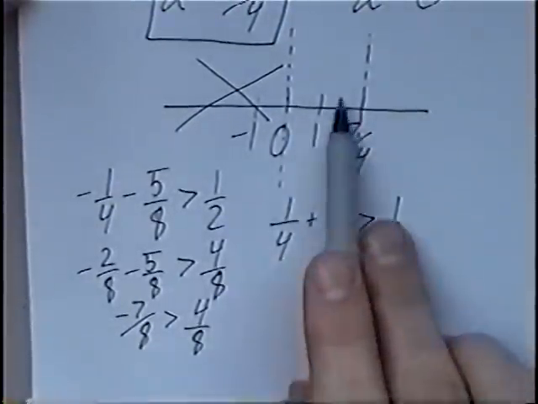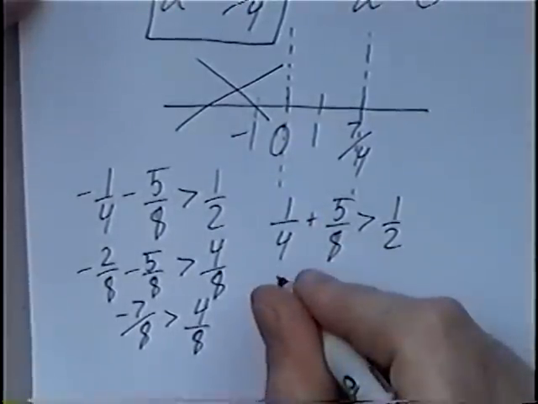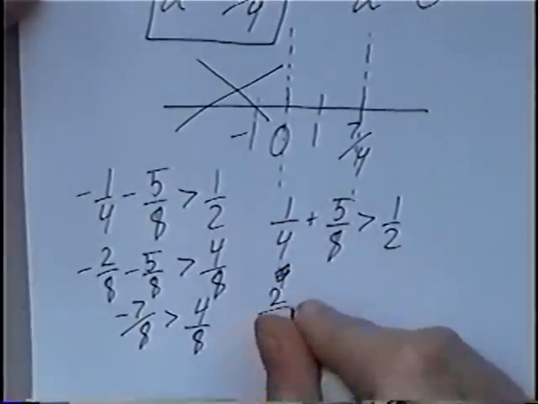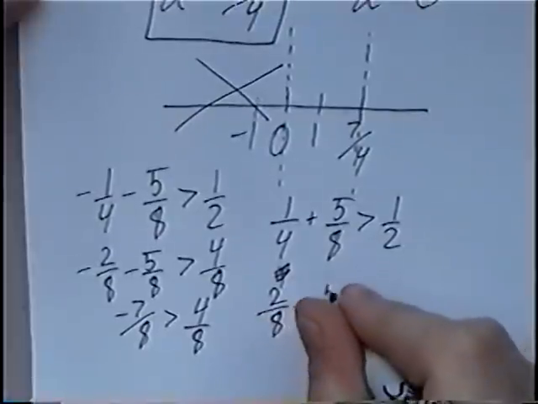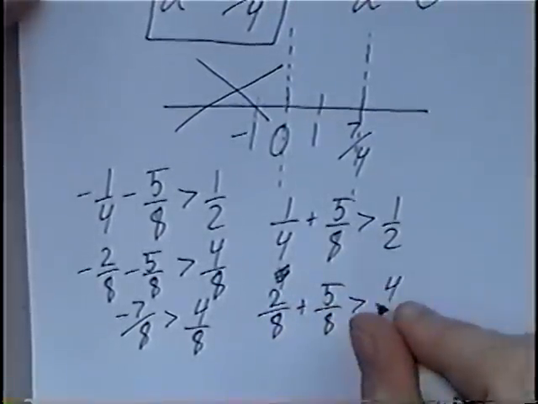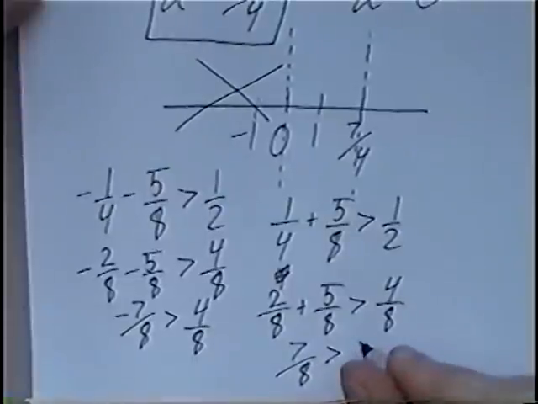If it's not, then none of the numbers between 0 and 7/4 will work. Getting common denominators again, 1/4 is the same as 2/8, plus 5/8, and 1/2 would be 4/8. Adding the fractions, we'll have 7/8 is greater than 4/8.